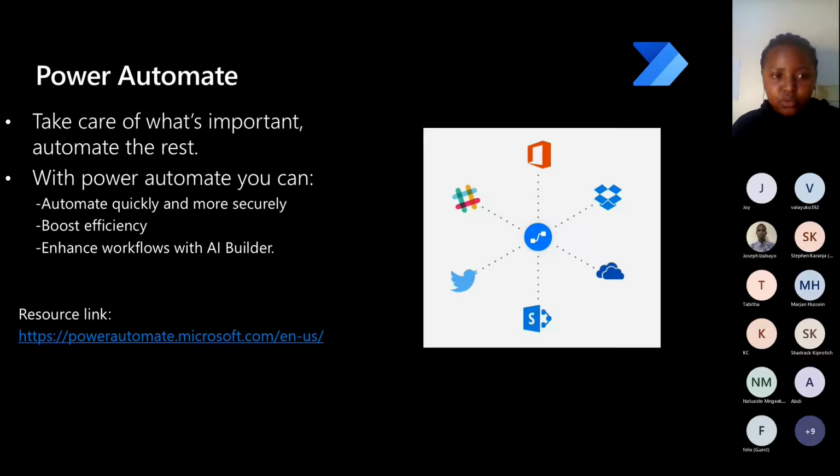Another thing you can do with Power Automate is boost efficiency. One of the features of Power Automate is Process Advisor. Advisor makes sure that there's no step that is missed. By that we mean, maybe I go to a supermarket.